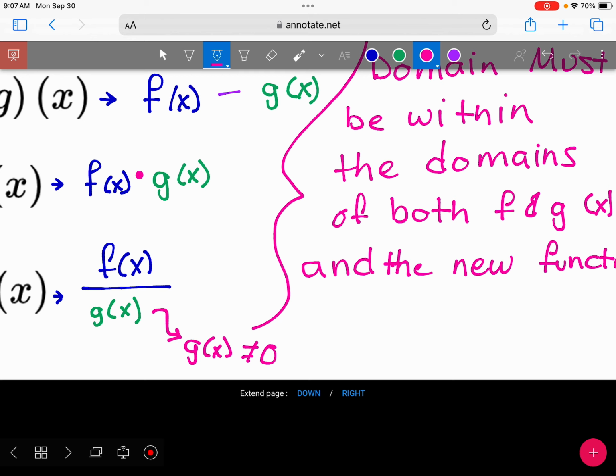We're going to start by finding our operations of functions and finding the domains of the new function. We're going to find all 4 of these with the 2 functions that I give you. Questions on this part before we start playing with it? Cool, cool.